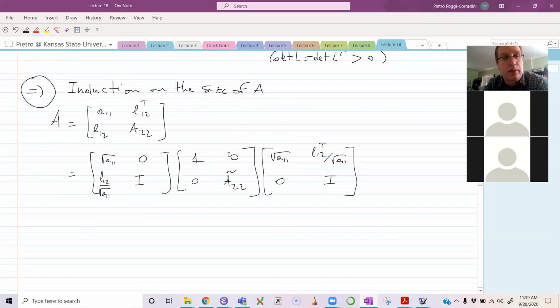All right, so this is the induction step that will basically reduce the factorization to dealing with this block here in the next step.